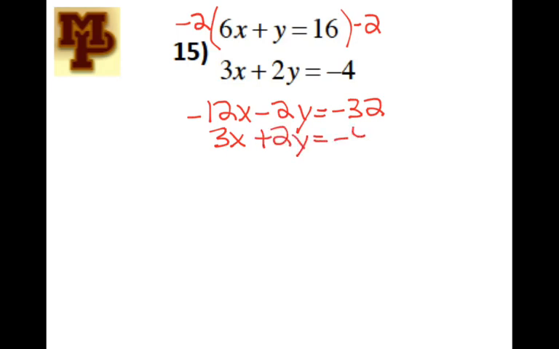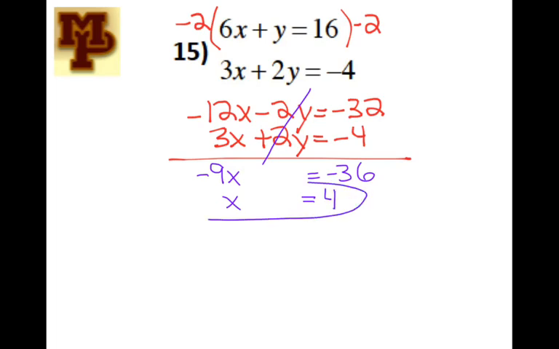And then, so I'm not changing it at all. Now I add those together, and you can tell that the y's would eliminate. So negative 12 plus 3 is negative 9x. And then we've got negative 36. And then divide by negative 9 on both sides, so that would be 4.